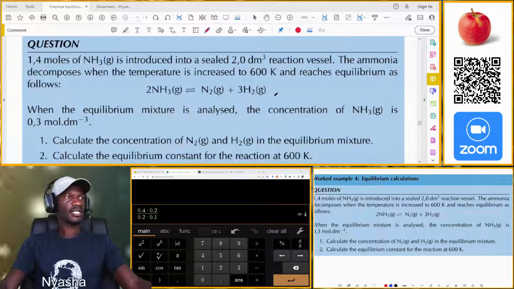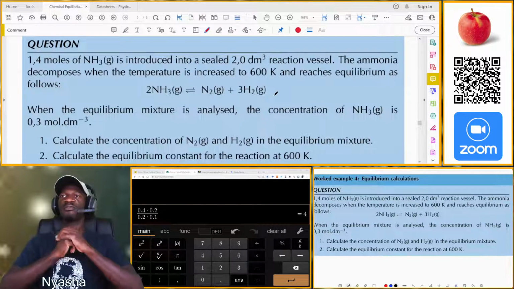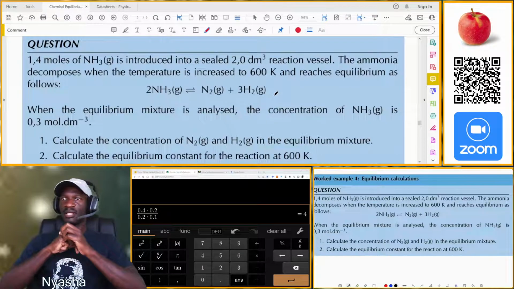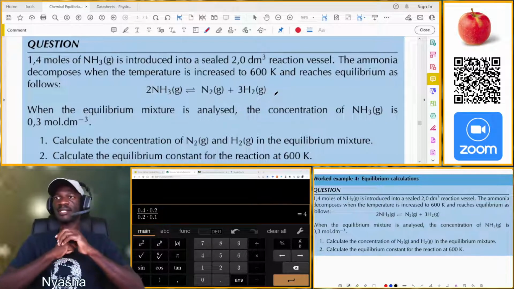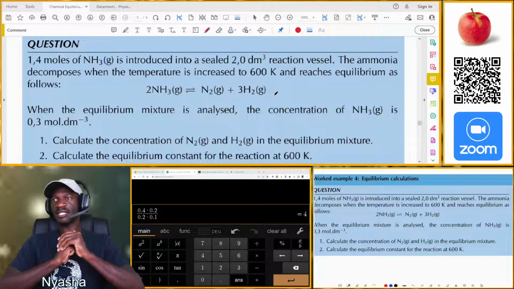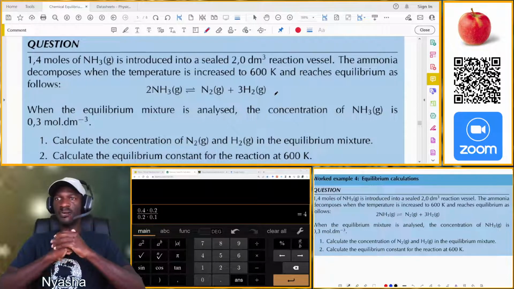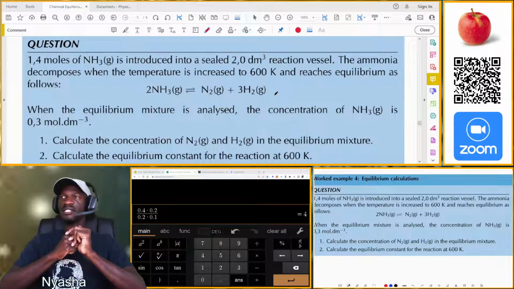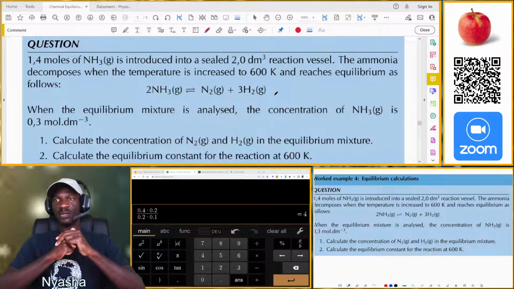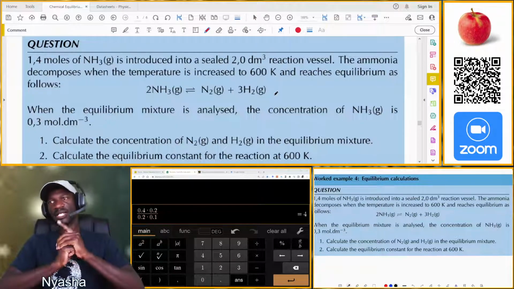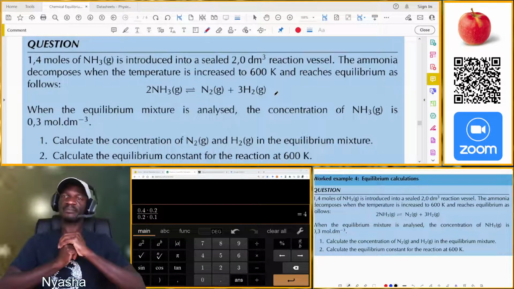The question reads as follows. 1.4 moles of ammonia gas are introduced into a sealed 2 dm³ reaction vessel. The ammonia decomposes when the temperature is increased to 600 K and reaches equilibrium as follows: 2NH3 gas decomposes into nitrogen gas and hydrogen gas.